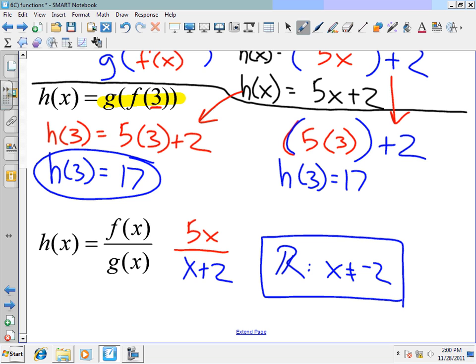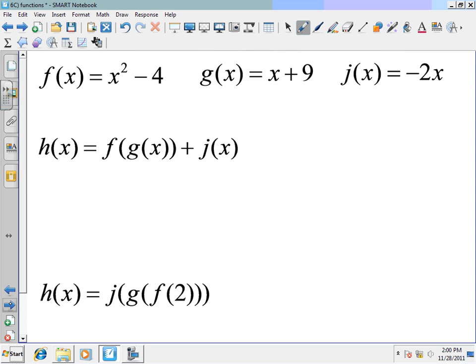Okay, so in this slide here, nesting one function into the other. All right, so we have a couple other things here. Now, when I see this one here, we have 3 functions. Let's do the 3 colors again: red, blue, and green. Okay. So when I see this here, we have h of x is equal to f.